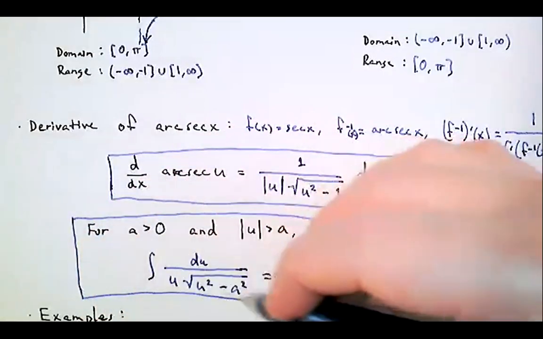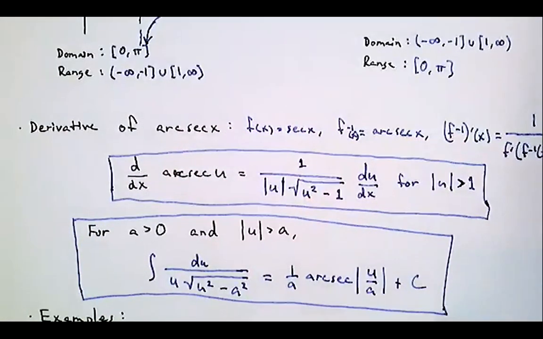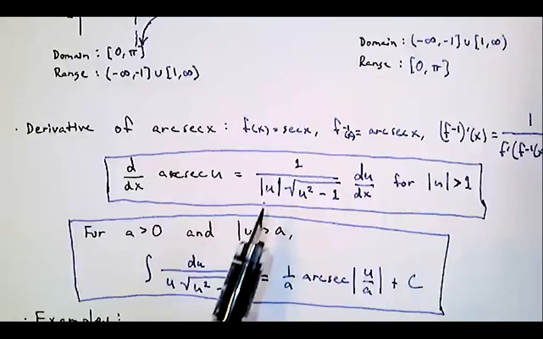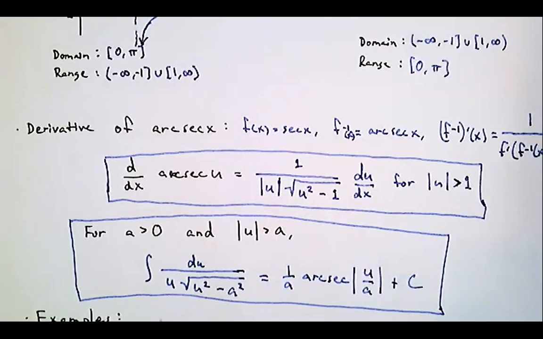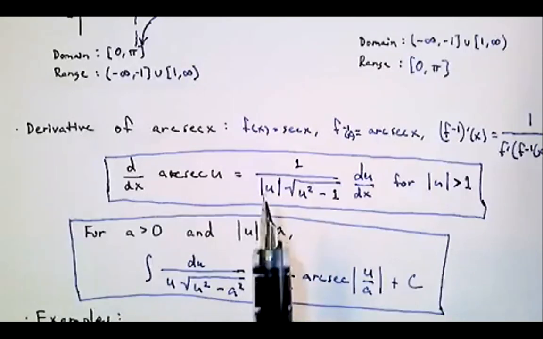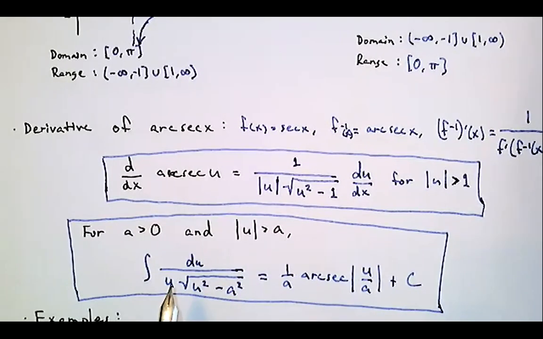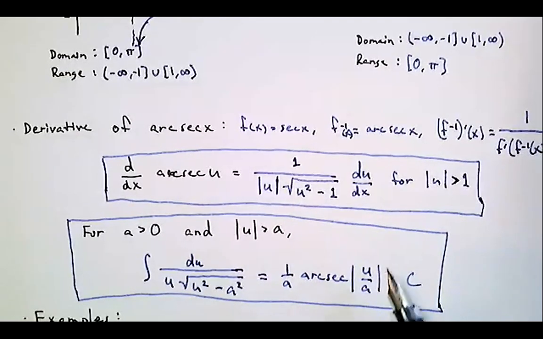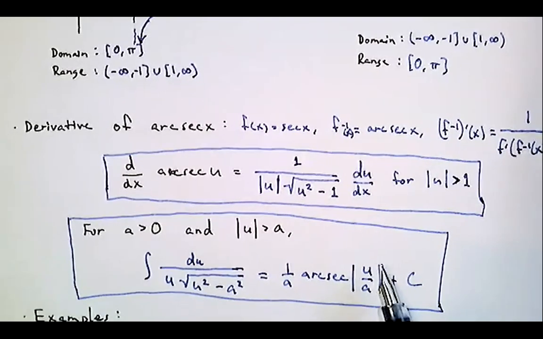And there's a few details here that we need to discuss a little bit. So you'll notice in the derivative, there's an absolute value down here in the denominator. And in the integral, the location of that absolute value has been changed up a little bit. In the integral itself, there's not an absolute value, but there is an absolute value on the right side in the actual result of your integral.